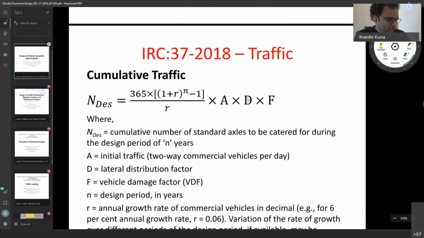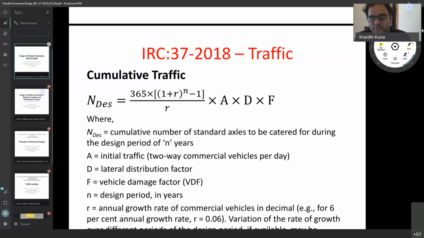So see, F is vehicle damage factor. This is what we discussed, isn't it? This is 365. R is growth rate. A is initial traffic. D is the lane distribution factor, and F is the vehicle damage factor, which we discussed earlier.